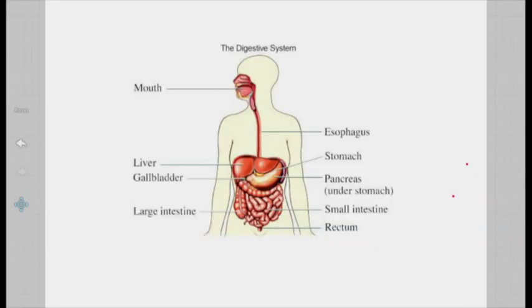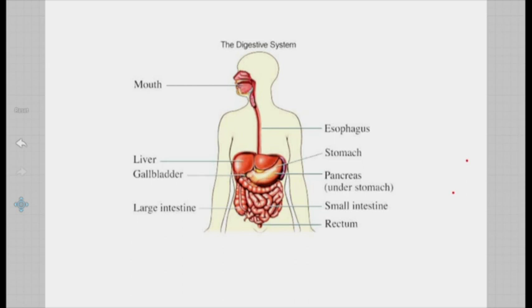We said that digestion starts in the mouth and goes all the way: mouth, esophagus, which is the gullet, the stomach, small intestines, large intestines, rectum, and all the way out. The anal point is the exit point, whereas the mouth is the entry point.